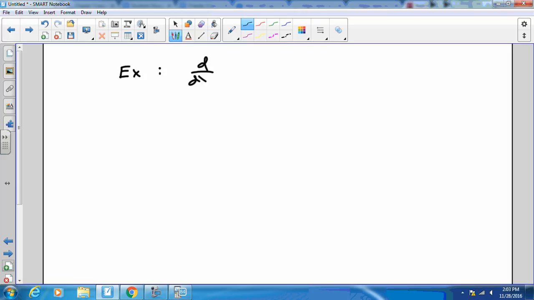Help me out here. This function shows up a fair amount. What is the derivative of x e to the negative x? Where do I start? Yeah, got a product going on. Tell me how to get it.